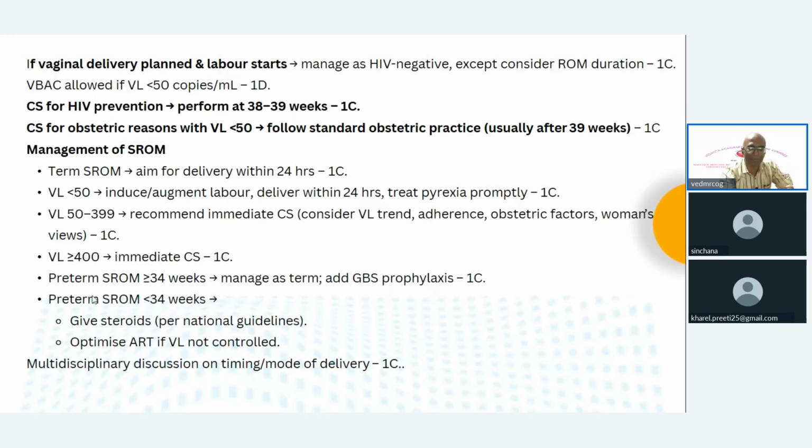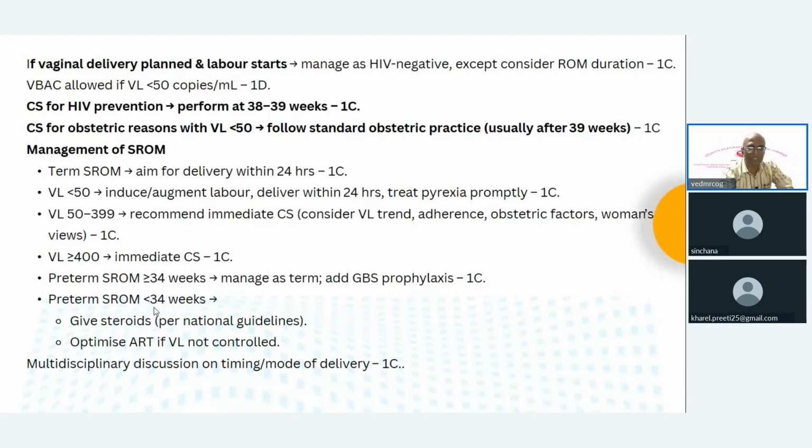If it is a preterm SROM less than 34 weeks, because prematurity here prevails, what is there? Give steroids, optimize ART if the viral load is not controlled. Okay, so here the conservative management is followed before 34 weeks of gestation, and multidisciplinary discussion on timing and mode of delivery will be done.